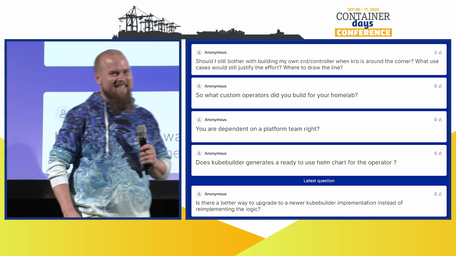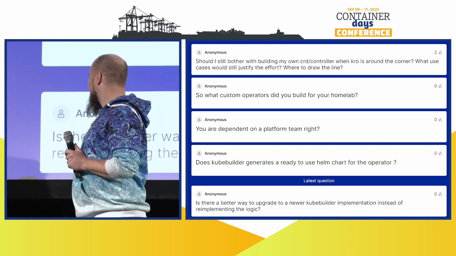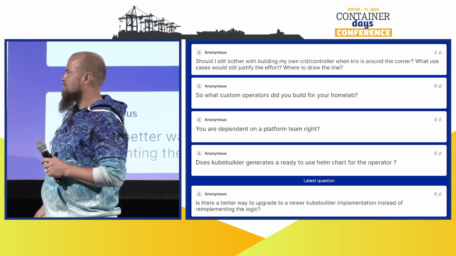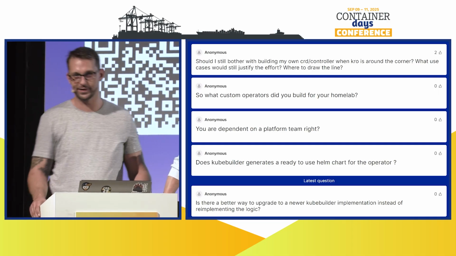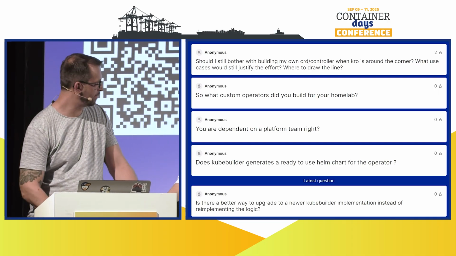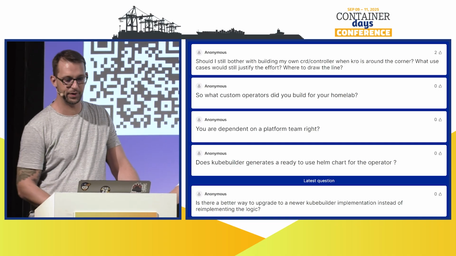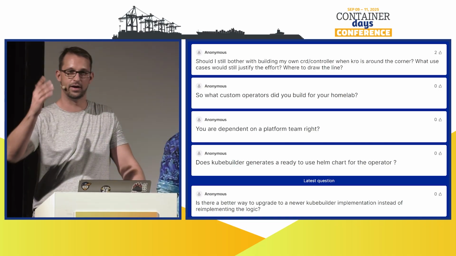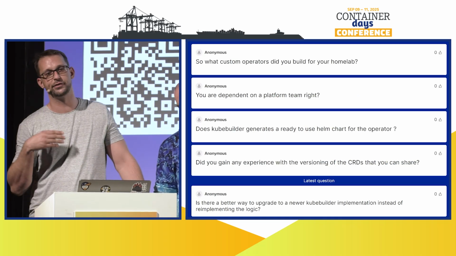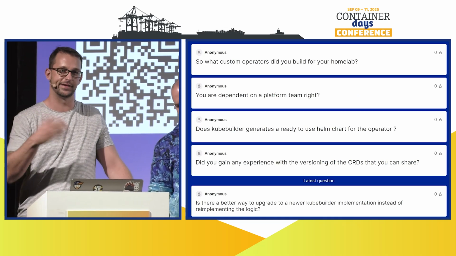Does Kubebuilder generate a ready-to-use Helm chart for the operator, yes or no? Yeah, not really. You can use Kustomize, for example, but I can share my screen again. Kubebuilder will create the manifest files which you can use to add to your Helm chart. So you can build your own Helm chart, which also deploys the CRD.